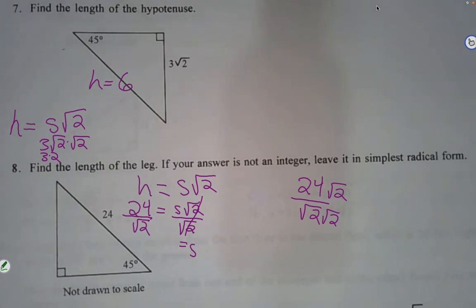Okay? So up here, in the numerator, I have a 24 square root of 2. Is everybody okay with that? And then what's the square root of 2 times the square root of 2? And then now you just reduce it. It's basically a fraction that you can reduce. 24 divided by 2 is 12.